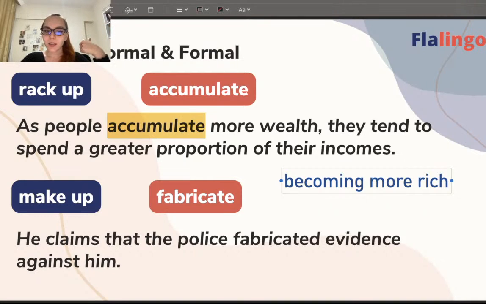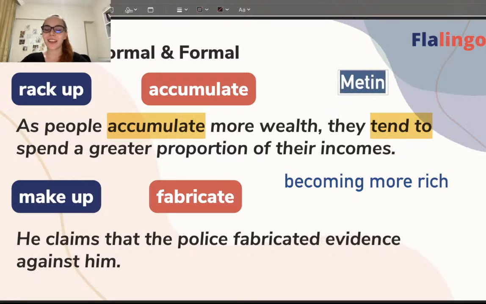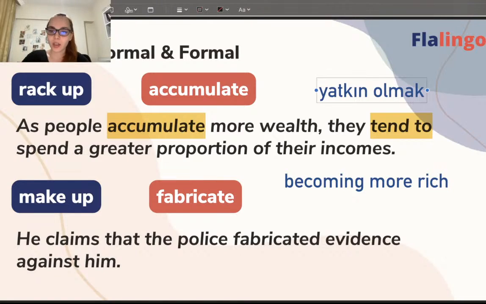So they tend to spend a greater proportion of their incomes. Tend to also means, I don't know how to explain this in English, let me just think. But in Turkish, we have a phrase for tend to. So we can say their habits are changing, habits are evolving. Tend to means your habits are evolving in a different way. So we can say that as well.